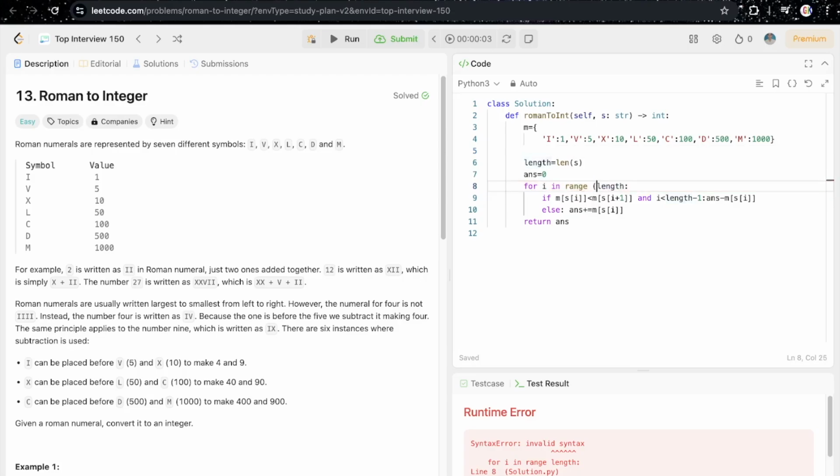It is not taking due to this bracket. Just run again. What is this index out of range? Why is it going index out of range?